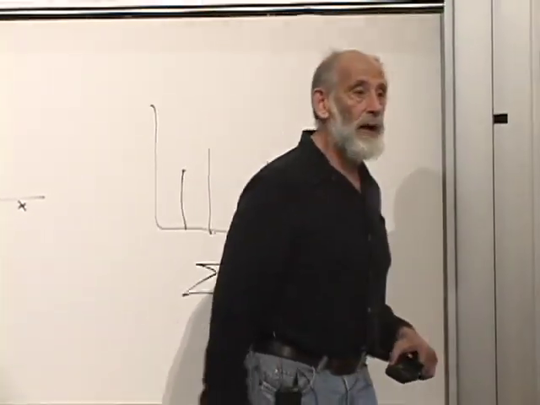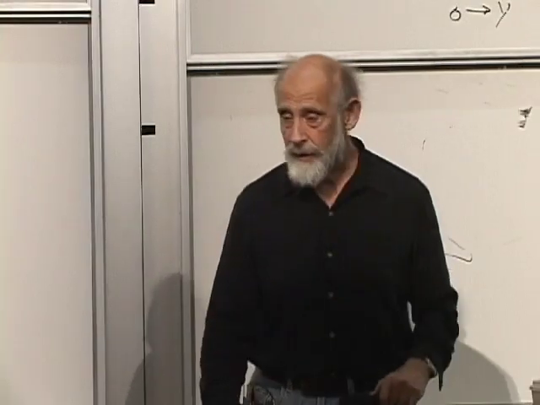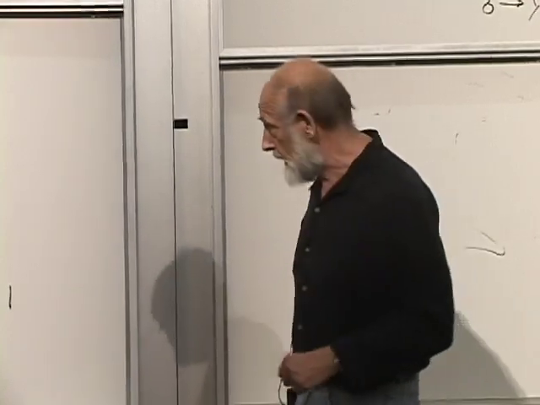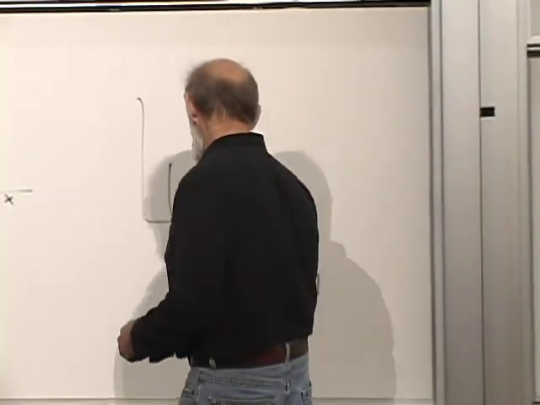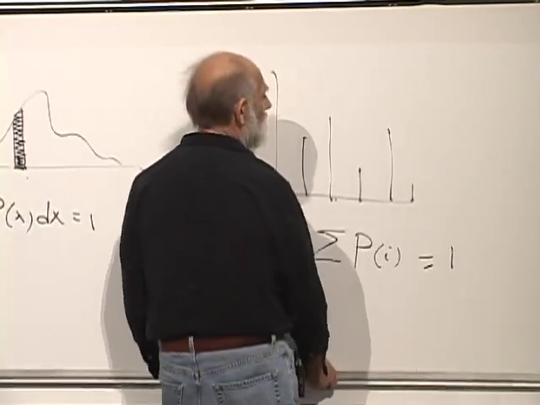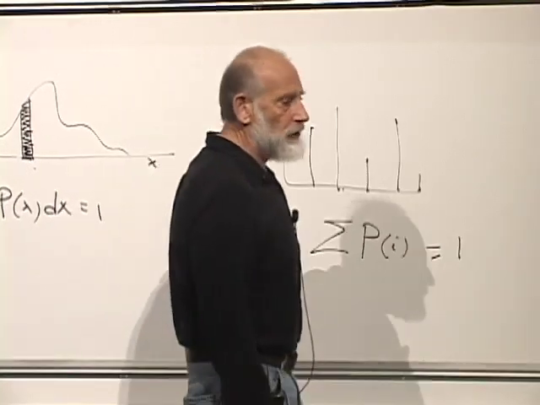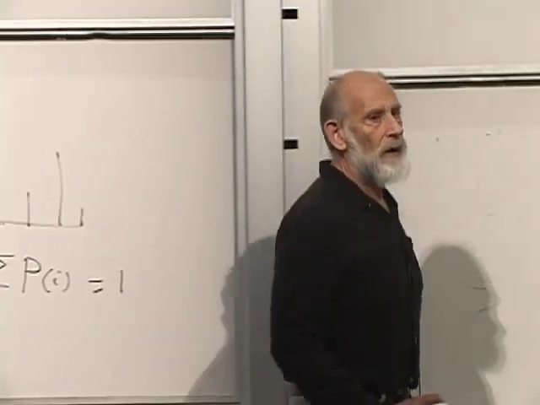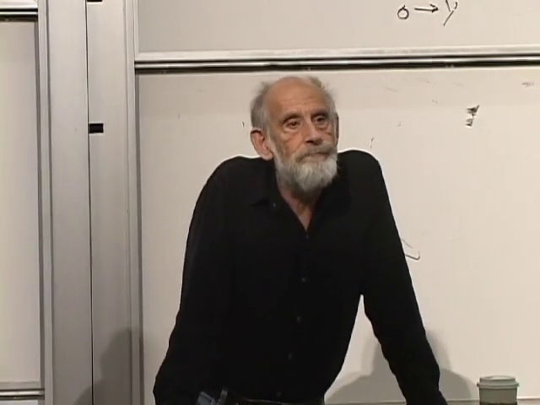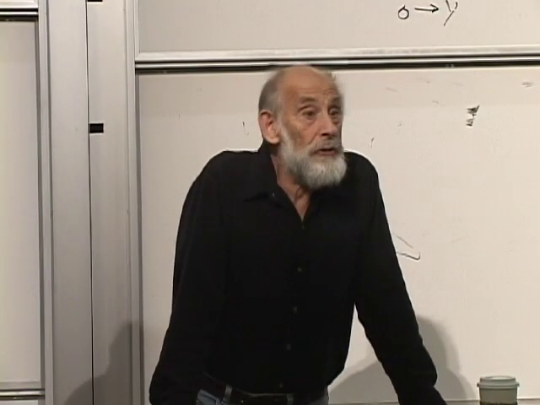Right? Next concept, another important concept, is the concept of the average value of a quantity. Now, I'm going to assume, of course, that everybody knows a little bit of statistics. Let's take this case here, the discrete case. Suppose that there is some function of I. That could be I squared, yeah.